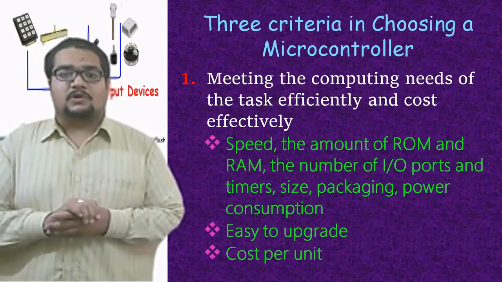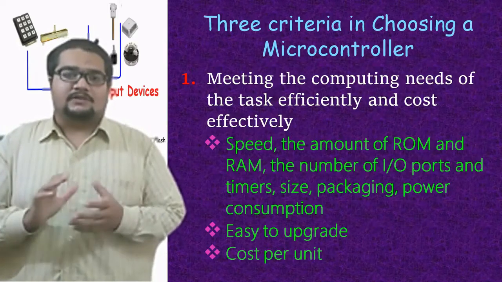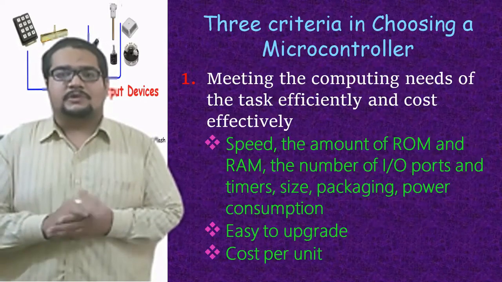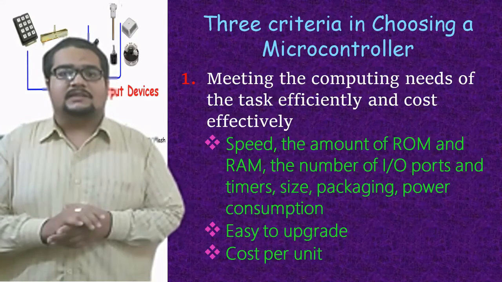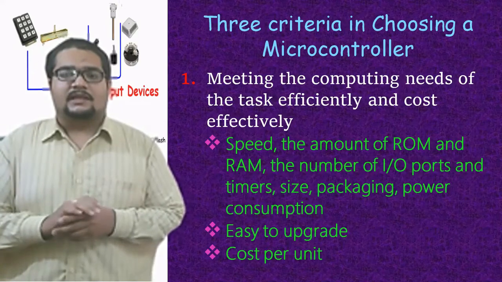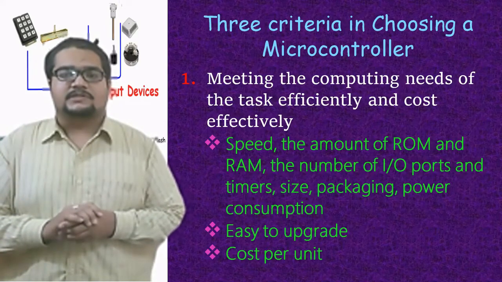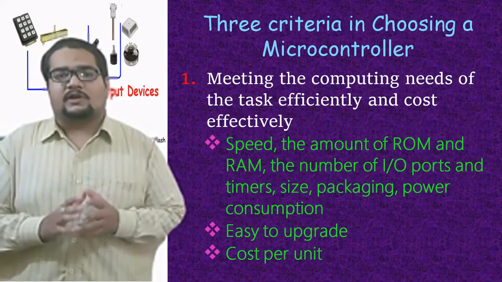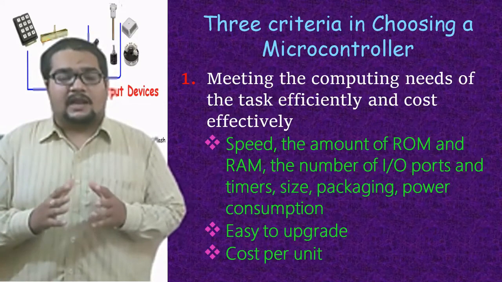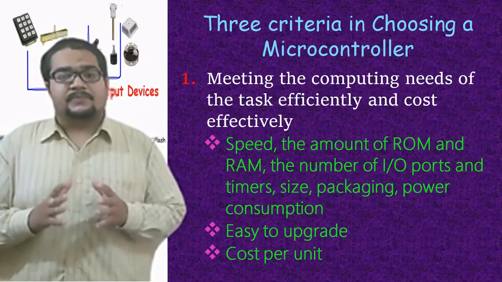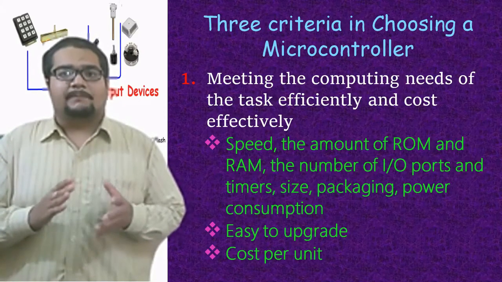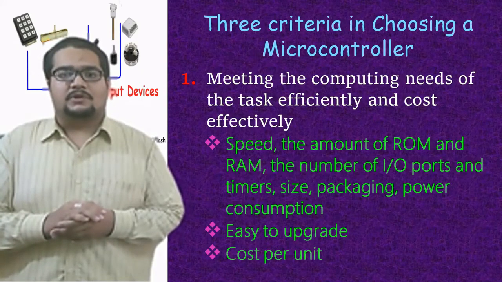Here is a small quick guide of 3 points that we have to consider while selecting microcontrollers. First, meeting the computing needs of the task efficiently, with the cost also being effective. The speed, the amount of ROM, RAM, the number of IO ports and timer sizes, packaging size and power consumption are the important points to be taken into consideration when picking a microcontroller.